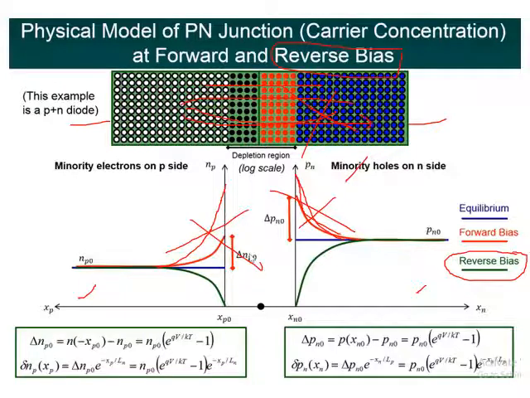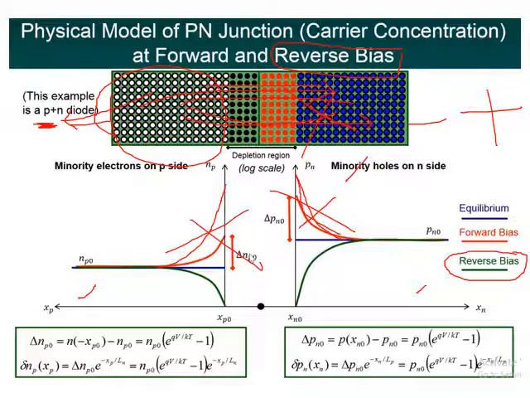Why? Because here I have applied a negative potential, and here I have applied a positive potential. Correct? So the holes present in the P-type material will not move to the other side. Why will they not move? Because they are already attracted by the negative potential here. Earlier, why was there movement?